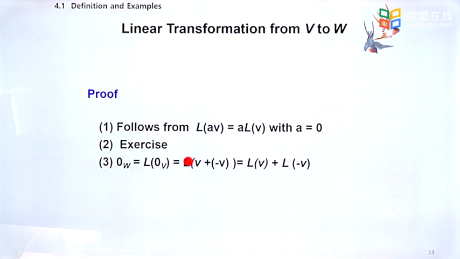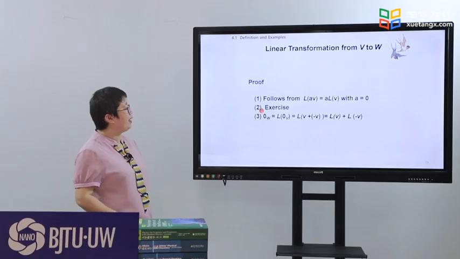This equals L of v plus minus v, using the axioms for vector space. So this equals L(v) plus L(minus v). This comes from the definition of linear transformation. And then you will know L of minus v equals minus L(v).